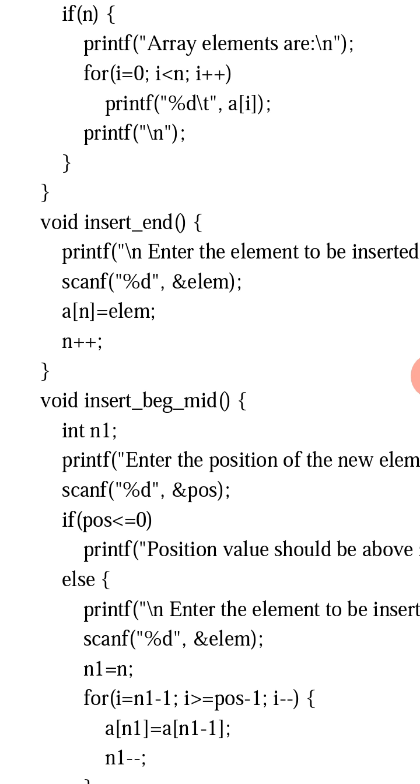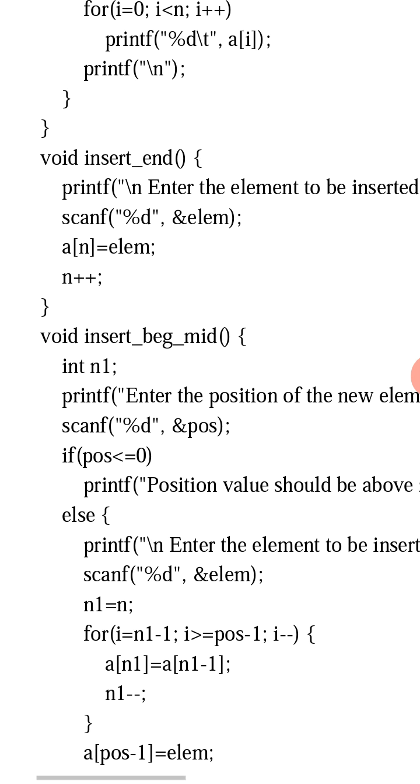As I have stated, suppose you are having n elements, your nth element will be stored in the n minus 1th index of the array, because your array index starts with 0. So here directly I am saying array of n equal to element, because assume that we are having 5 elements 10, 20, 30, 40, 50.